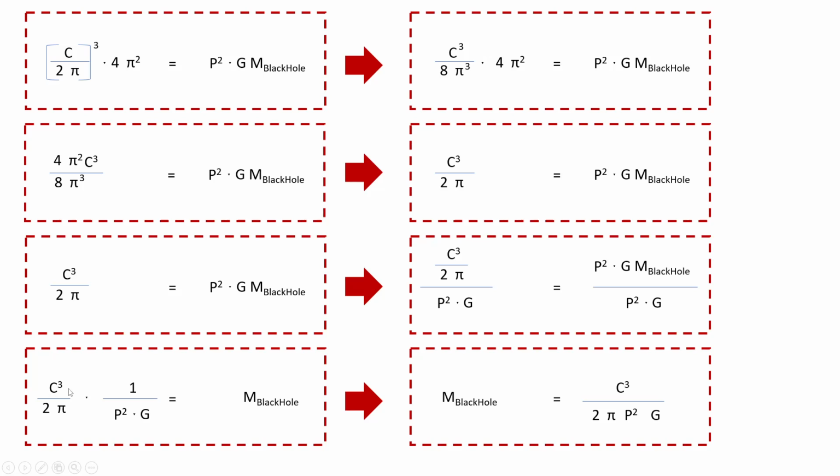So c cubed times 1 is simply c cubed, and 2 pi times p squared times g is simply 2 pi p squared times g. So now finally we've got an equation that allows us to calculate the mass of the black hole if we know the circumference and we know the period. They're the variables here.